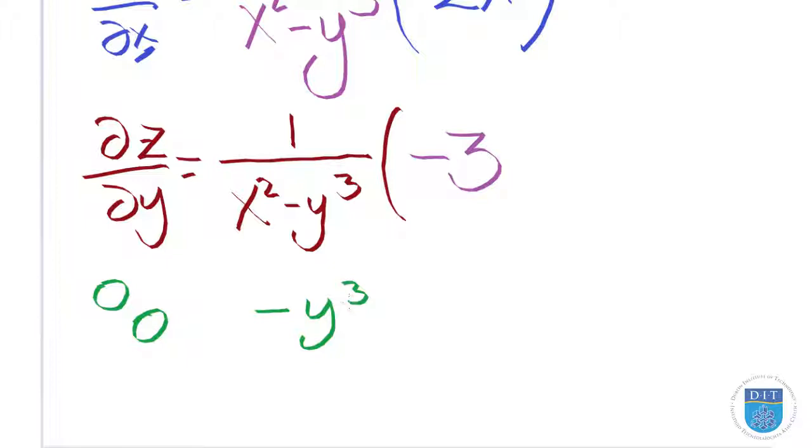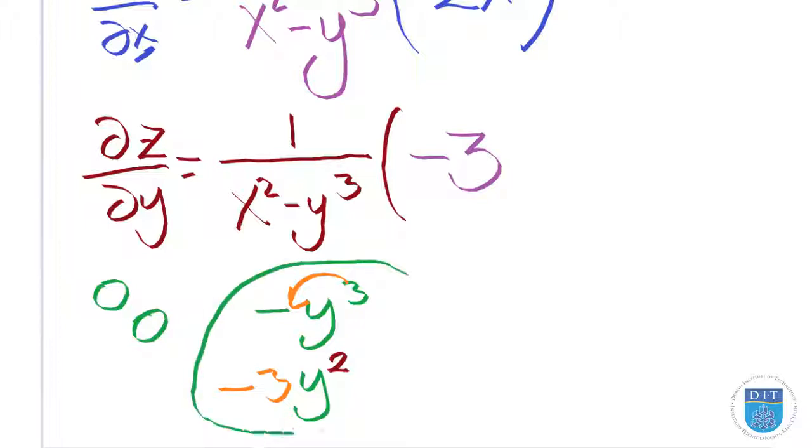Okay, to differentiate that, the power 3 comes down, but there's a minus there to meet it. So there it is coming down. And take 1 off the power. 3 minus 1 is 2. So that's why I get minus 3. Again, that's just a little thought at the side. You don't have to worry about that in your answer. Minus 3y squared over there.